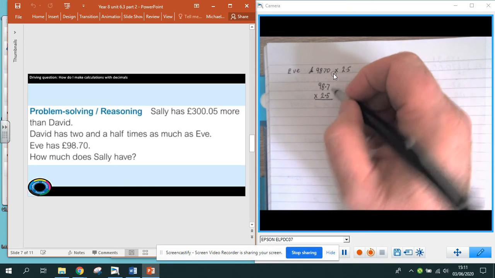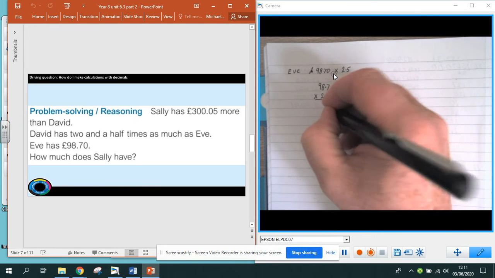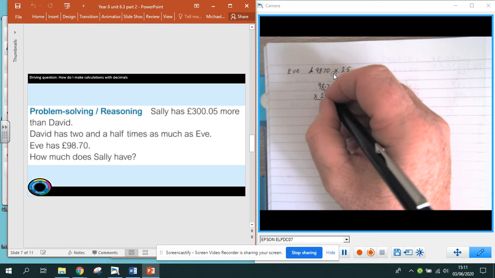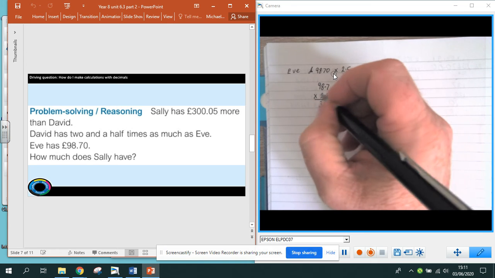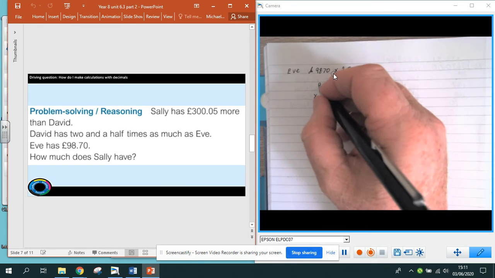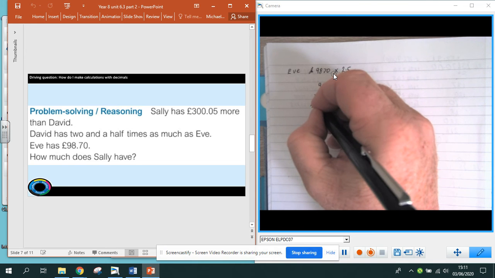So 5 7s are 35, put down 5, carry the 3, 5 8s are 40, and 3 is 43, put down a 3, carry the 4, 5 4s are 45, and 4 is 49.